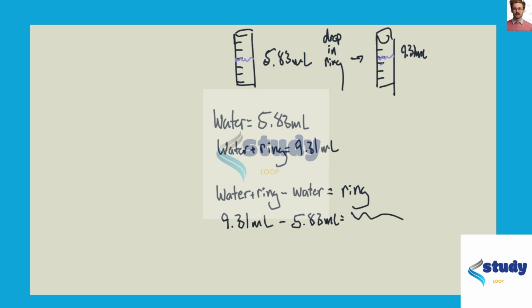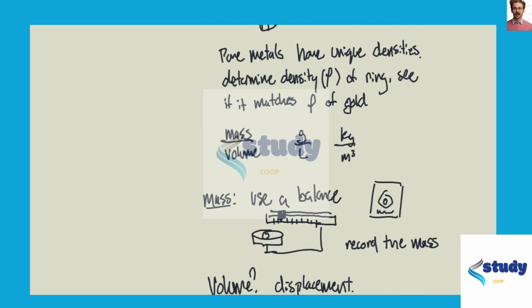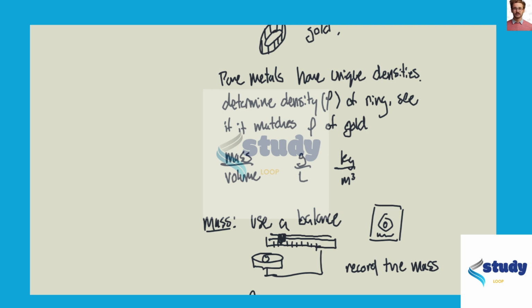We're just computing it as an example. So this is how you determine volume experimentally via displacement. Mass is rather simple. And once you have the two, you simply put the mass over the volume and calculate the output.